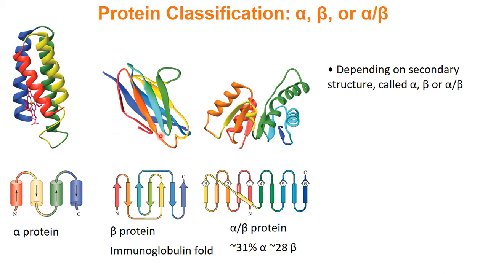This protein is just beta sheets, so it's a beta protein. And a sandwich like this, where you have beta sheets overlapping, we call that an immunoglobulin fold. You see it a lot in immunoglobulins. And if you have a mixture of alpha and beta, we call that an alpha-beta protein. For example, in this protein, 31% of the protein's in alpha and 28% is beta.